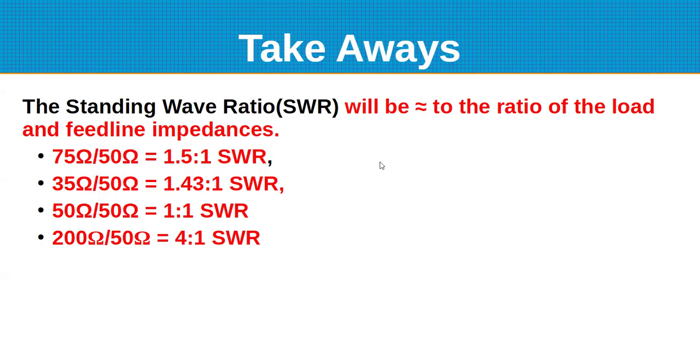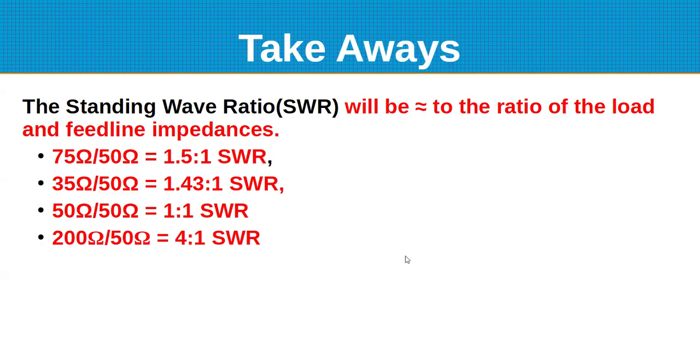Just remember that whatever number you come up with in the ratio, whether it's 4 or 5 or 10, if it's say 1 to 10, you say it's 10 to 1 SWR. Okay, well, I understand that part then.